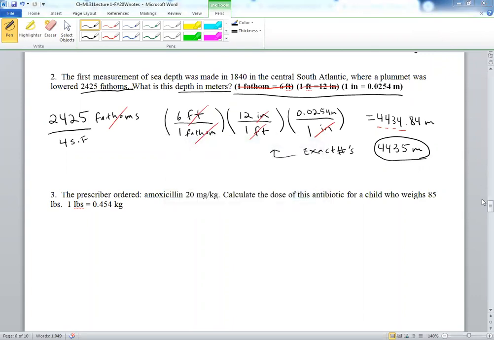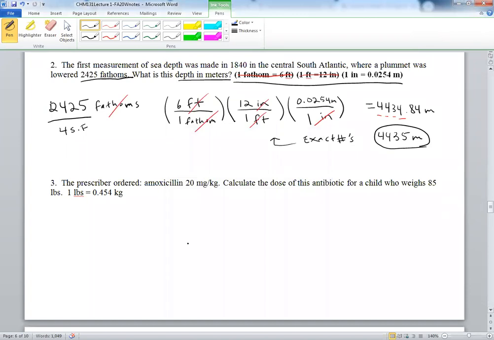Now let's go on to the next problem. It says here, the prescriber ordered, and these are dosage problems important for healthcare, but they tend to be introductory ones. Of course, there are more complicated ones for those who are going to major in the healthcare industry.